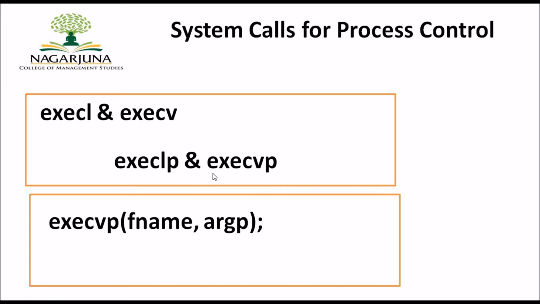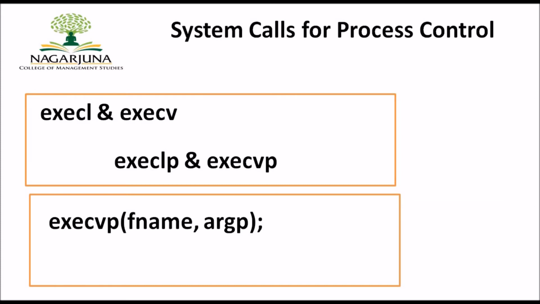And why do we use EXECVP? EXECVP is a variant which is used when the number of arguments is not known. With respect to EXECL, you know which program you are running, and that program and file name are given as arguments.